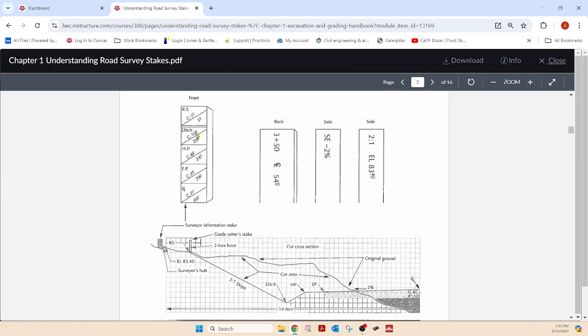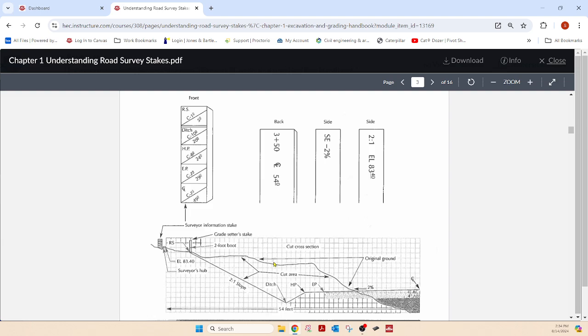This, of course, will be facing the road. It's looking at us right now. Okay, so if you're with me, you're understanding that the grade setter stake is 82.4 above sea level, and it's 5 foot away from the information stake. That cleared up.